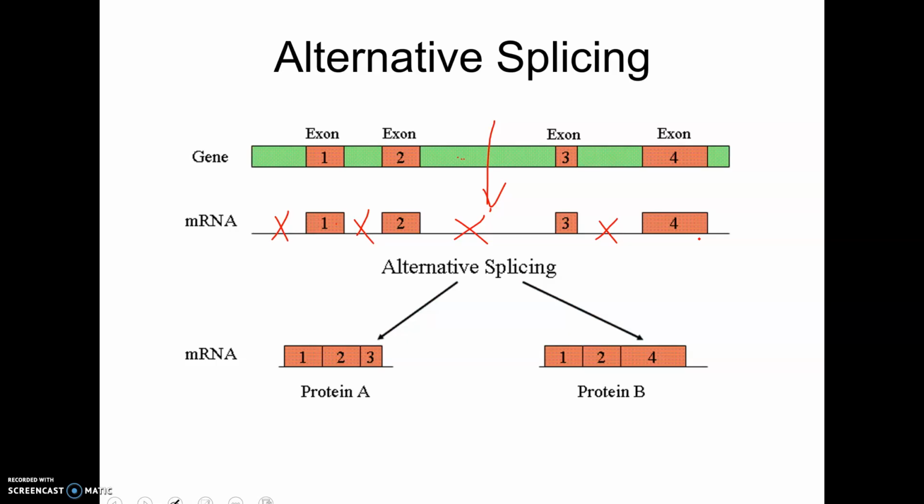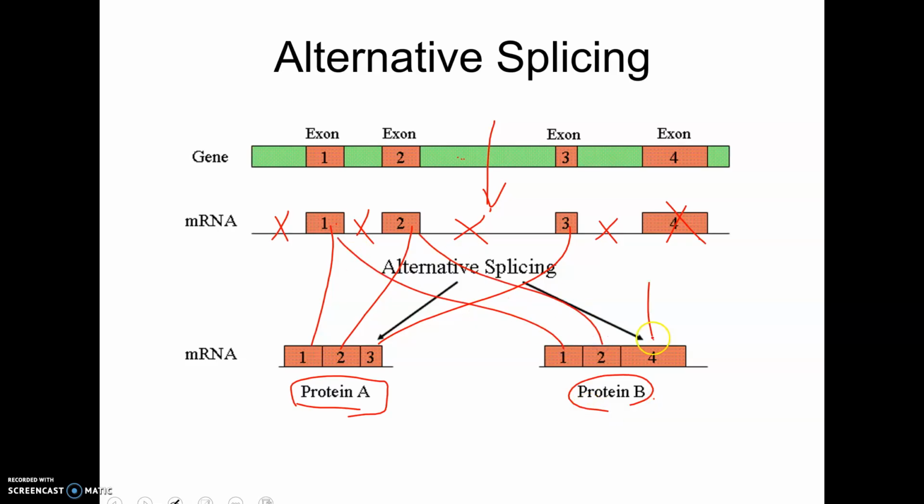So what we're saying is, in alternative splicing, if you need, say, protein A, your cell will selectively splice together 1, 2, and 3. And it'll ignore 4. 4 will get recycled along with the introns. But if you need protein B, then you're going to take 1, 2, and 4, and 3 will not get used. So that's what alternative splicing is.